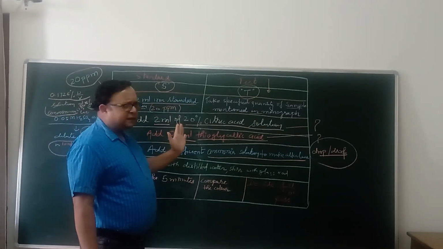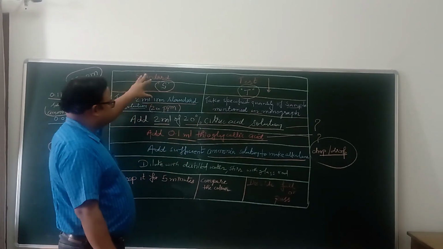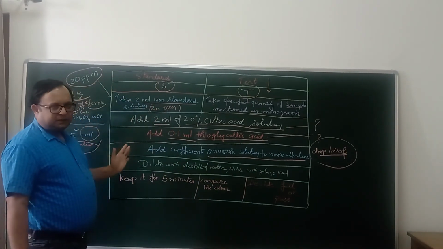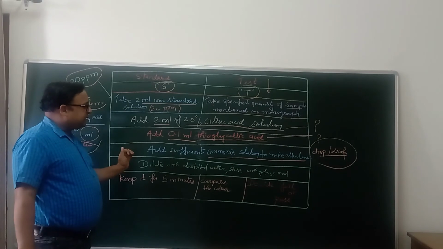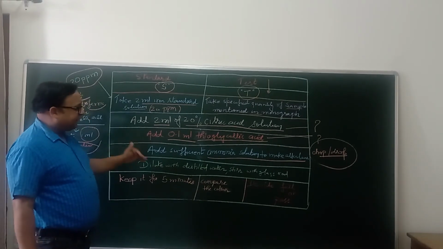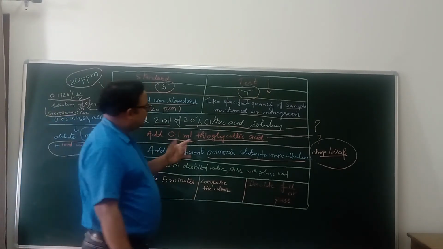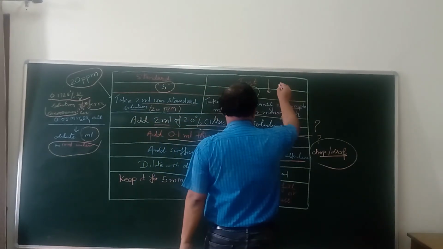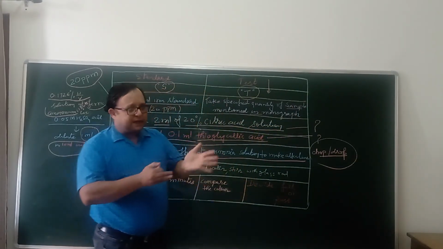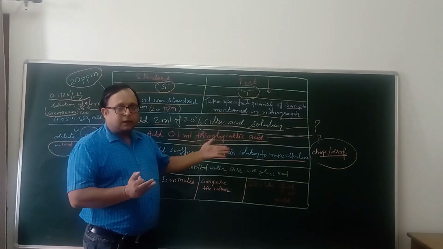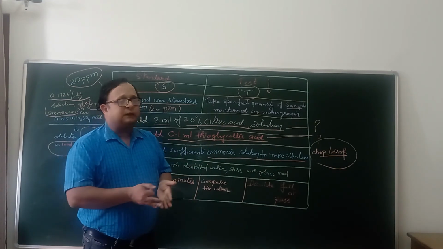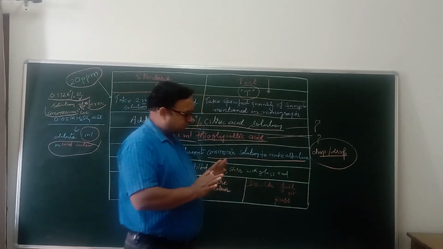Otherwise, if it is not getting a purple colored complex, it means there is some mistake, so we have to check it. The standard will immediately convert into purple as soon as it becomes alkaline. Now the color for the test will depend. If it contains iron, it will become purple. If it does not contain iron, it will remain colorless.